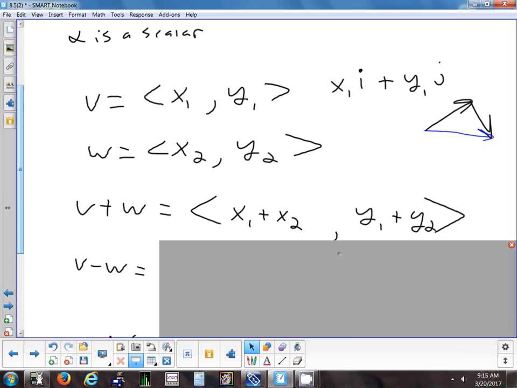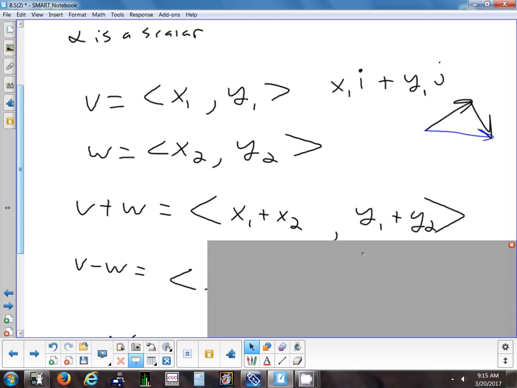Okay, anybody think they know what I'm going to do to subtract vectors? What do you think the formula will be for that? Flip the sign. Yeah, you just flip the signs. So what do you think I would write? What would I write down? Is it x2 minus x1?